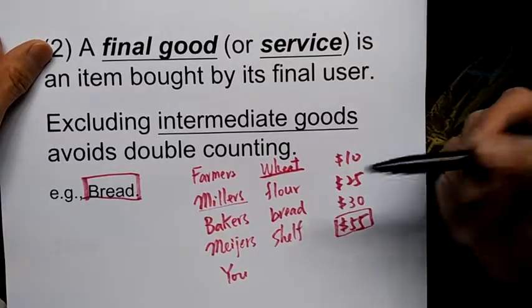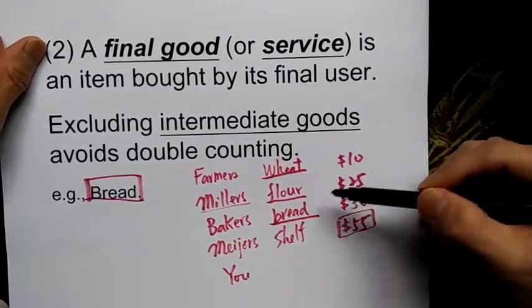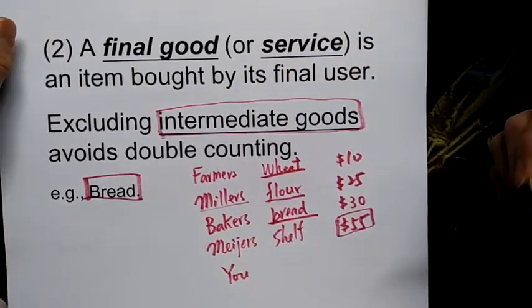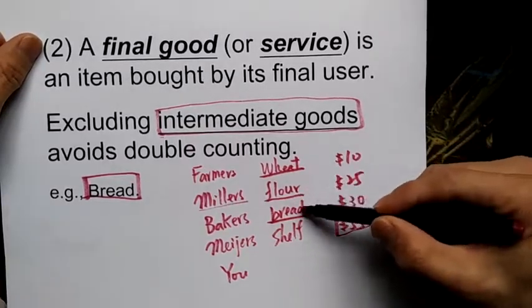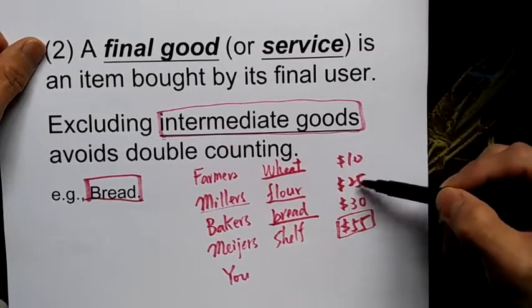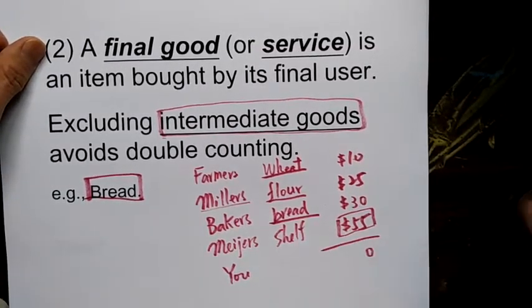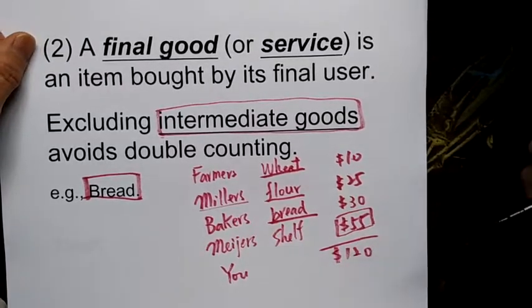Because wheat, flour, bread are all intermediate goods. If you add up the value of the intermediate goods, what do you get? You get 10 plus 25 plus 30 plus 55, which is $120.